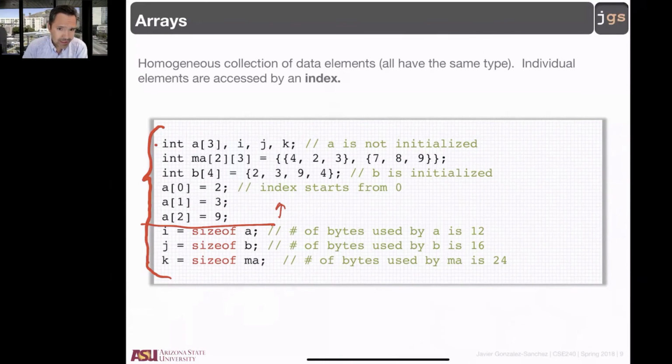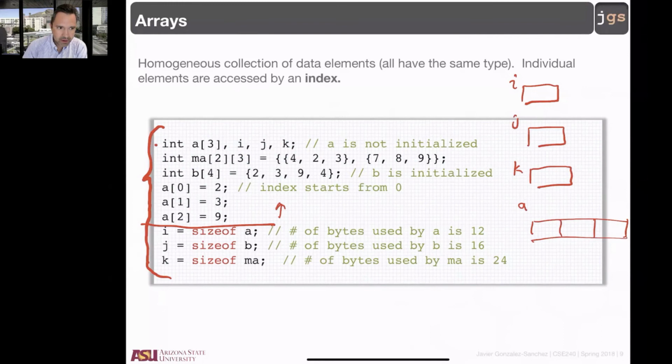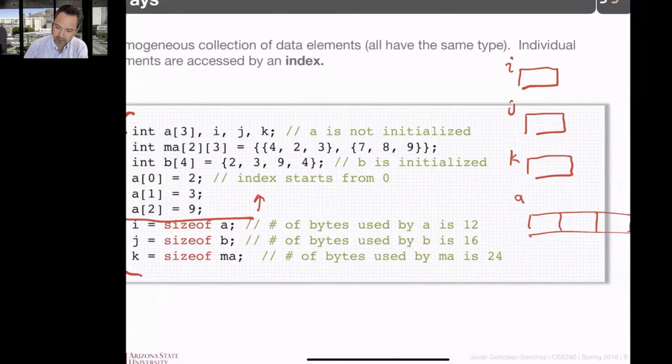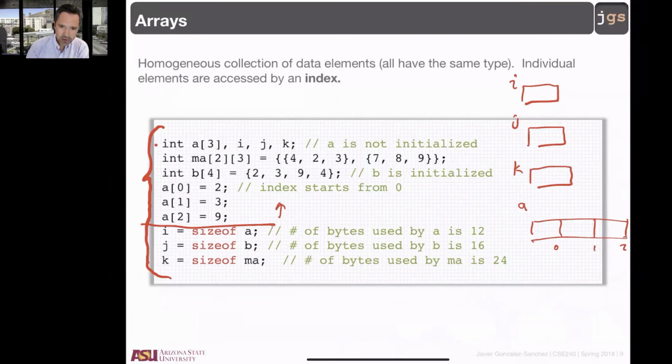Can you agree with me that in the first line, what you have is a variable i that is an integer, a variable j that is an integer, a variable key that is an integer, and you have an array A, and that array A has 3 elements, and the key idea of an array is that the 3 elements are consecutive in memory, and they are the 0, the 1, and the 2, using the index. So this first line is giving you this.